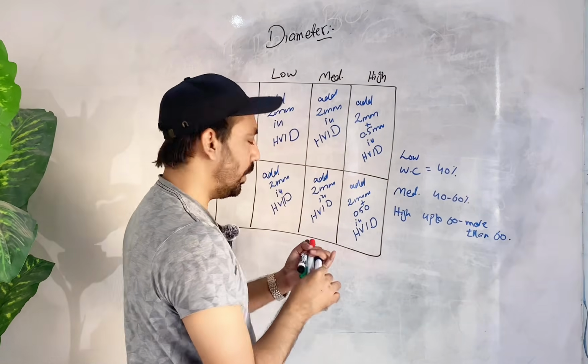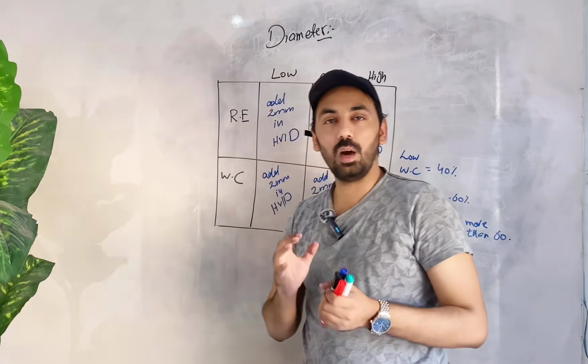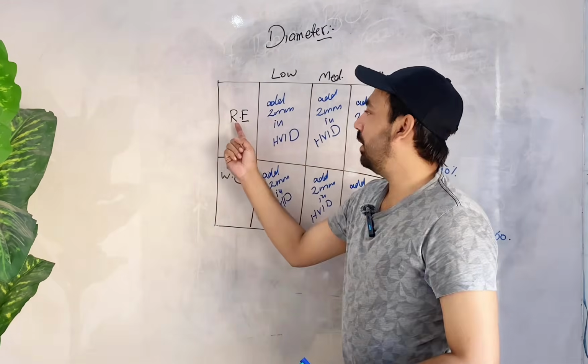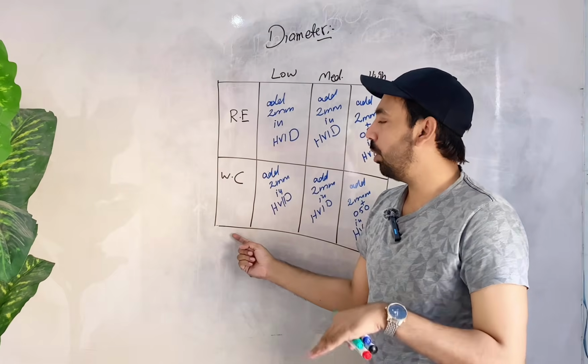So I hope you have the idea how we can calculate the proper total diameter in normal conditions, or in high refractive errors, or in high, low or medium water content.